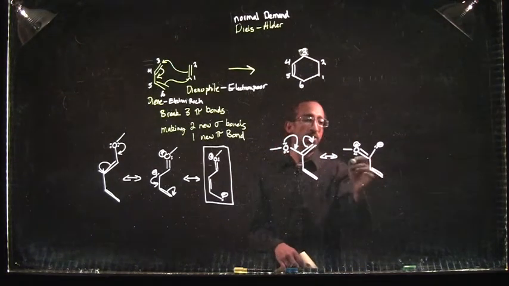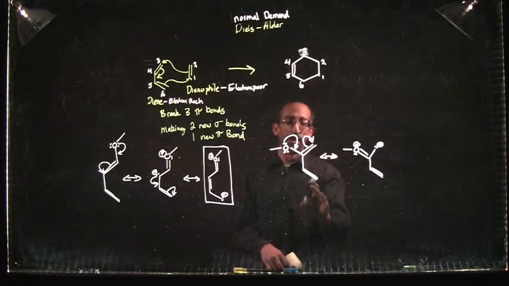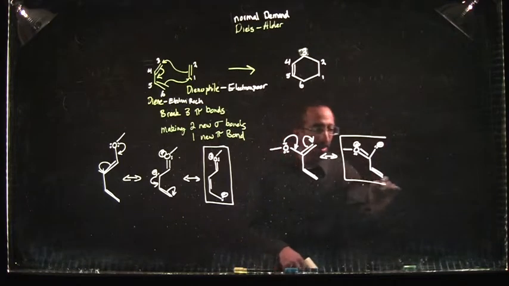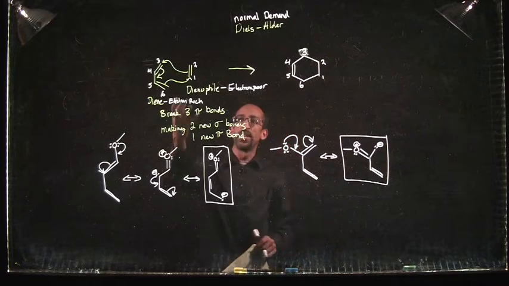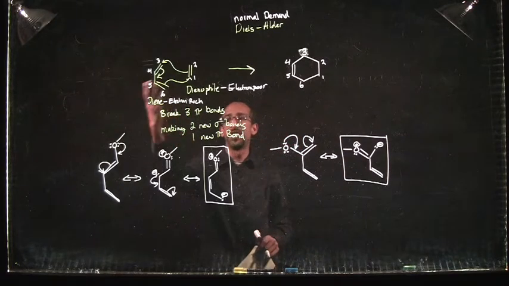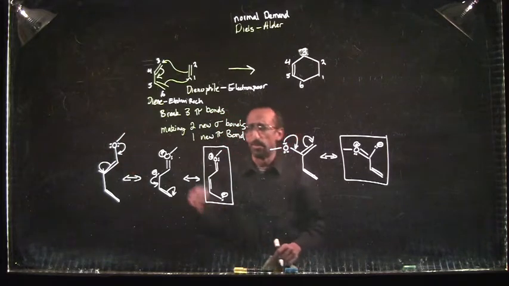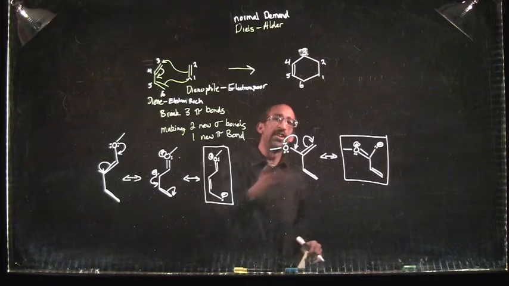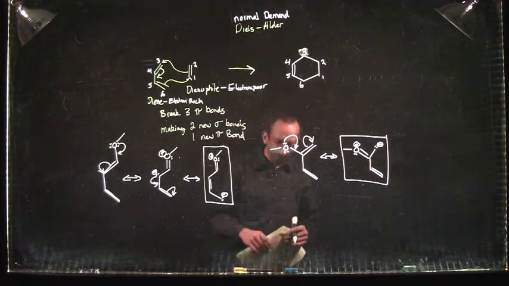There's no way for me to push arrows here to get it down to this carbon at the bottom of my diene. So we see now how an electron donating group can give us what we can consider an electron-rich diene. This electron donating group or this electron donating group gives me a method by which I can push electron density into one of my two terminal carbons of my diene.